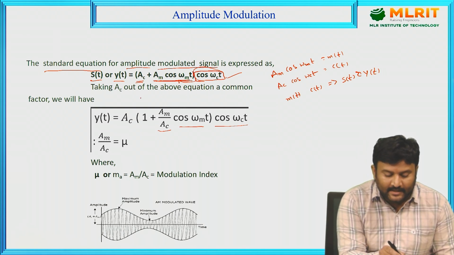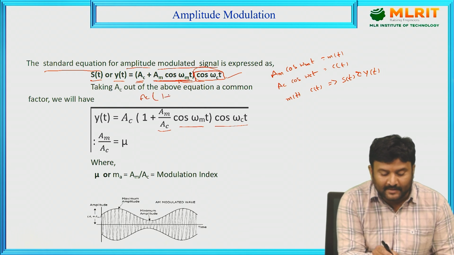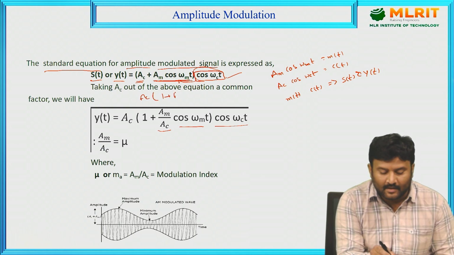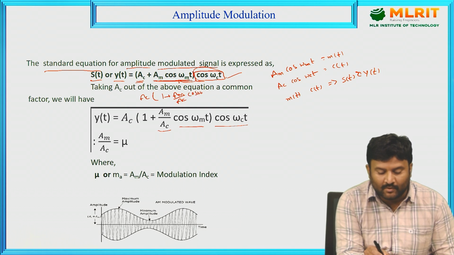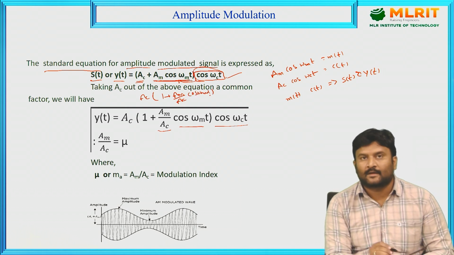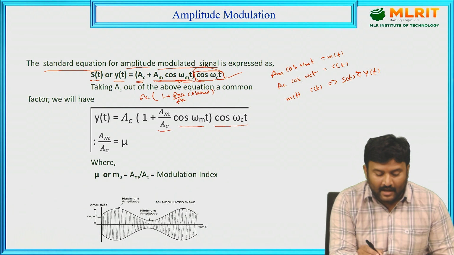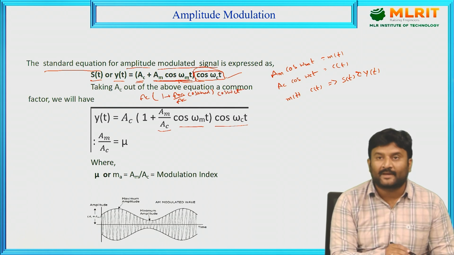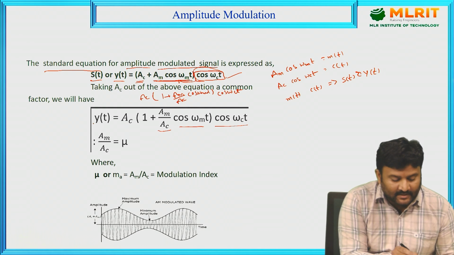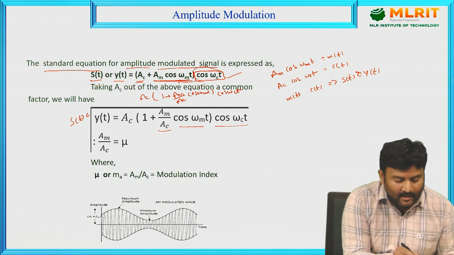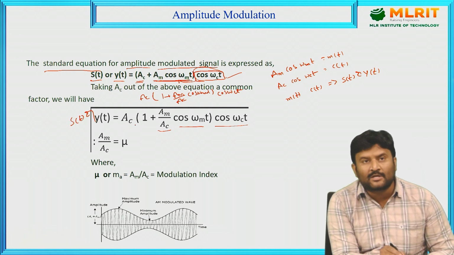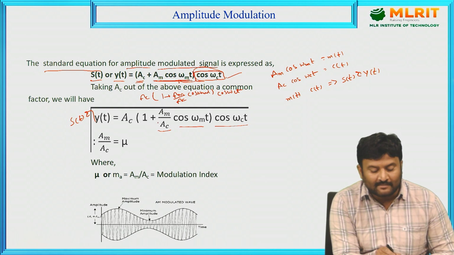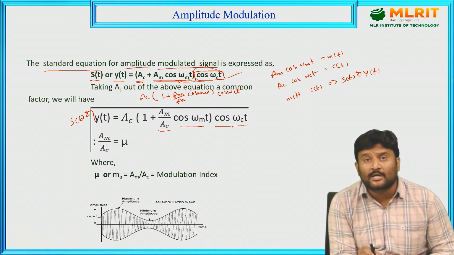Am has no Ac, that's why Am by Ac cos ωmt, and cos ωct is already there. That's why the equation s(t) or y(t) is equal to Ac into (1 + Am/Ac cos ωmt) into cos ωct.